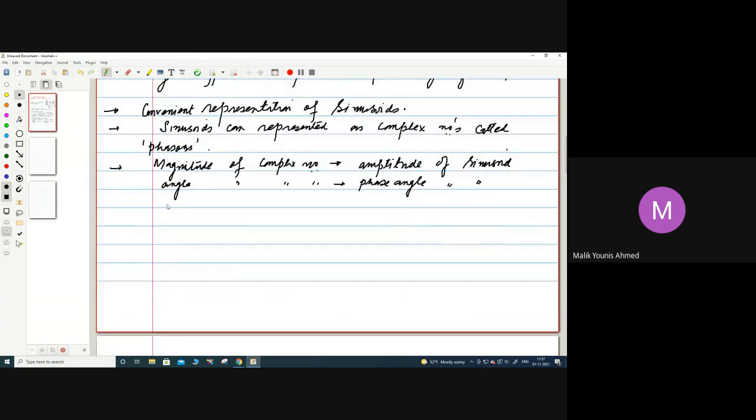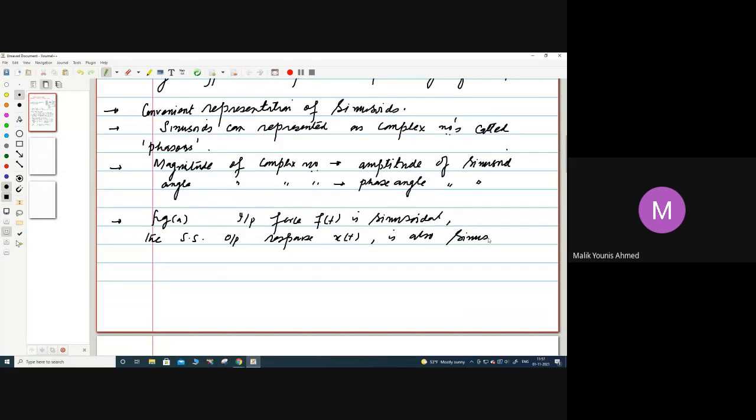So what I have done in this figure, just for the understanding of this frequency response: the input force F of t is sinusoidal, and the steady state output response X of t is also sinusoidal at the same frequency as the input. We have already seen that they have the same frequency.